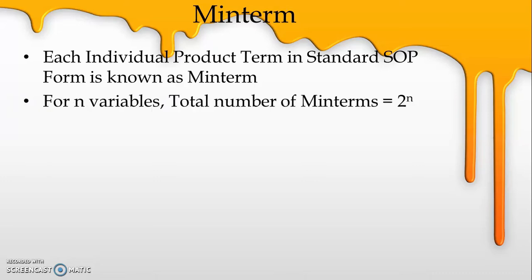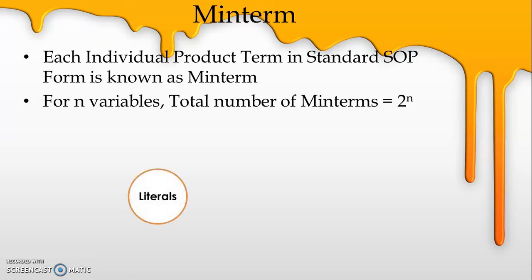For n number of variables, total number of minterms are 2 raised to power n. So for example, if we have 3 variables a, b and c, then total number of possible minterms is 2 raised to power 3, that is 2 multiplied by 2 multiplied by 2, and that is equal to 8.